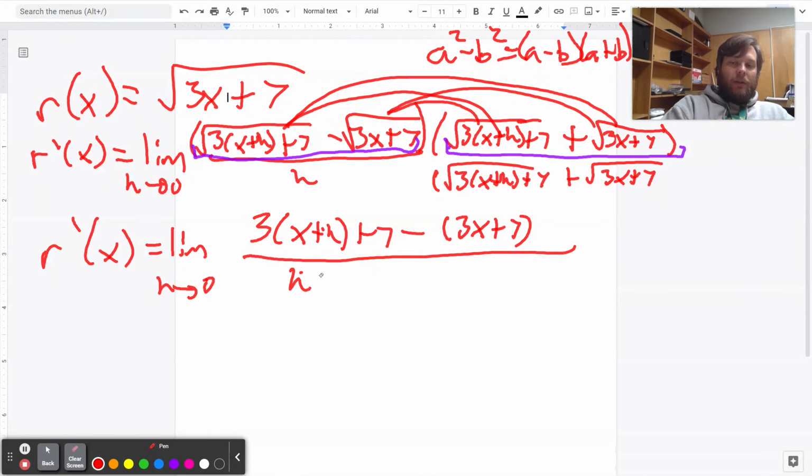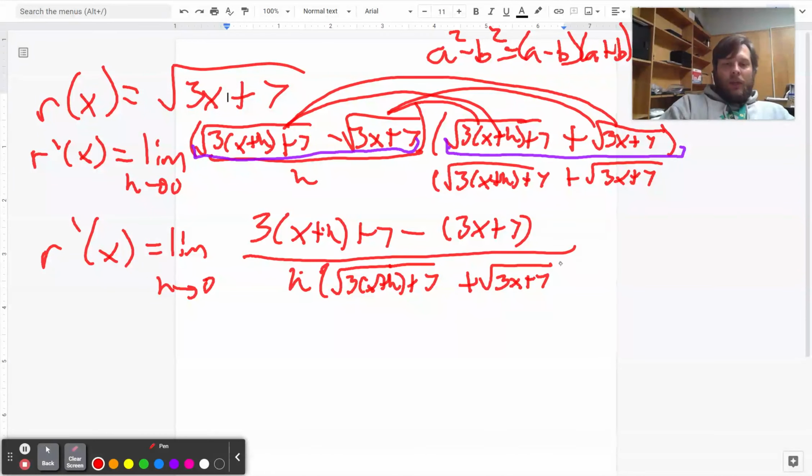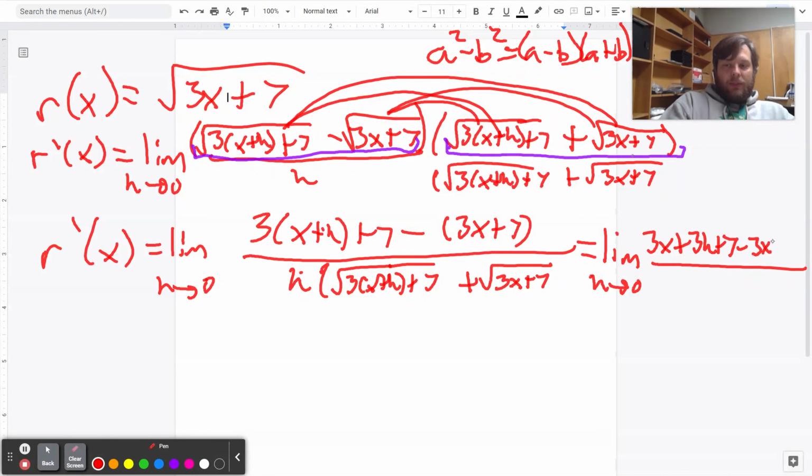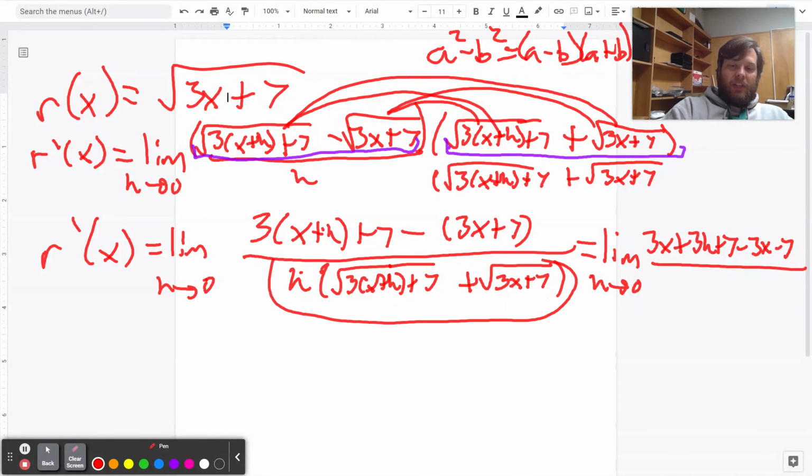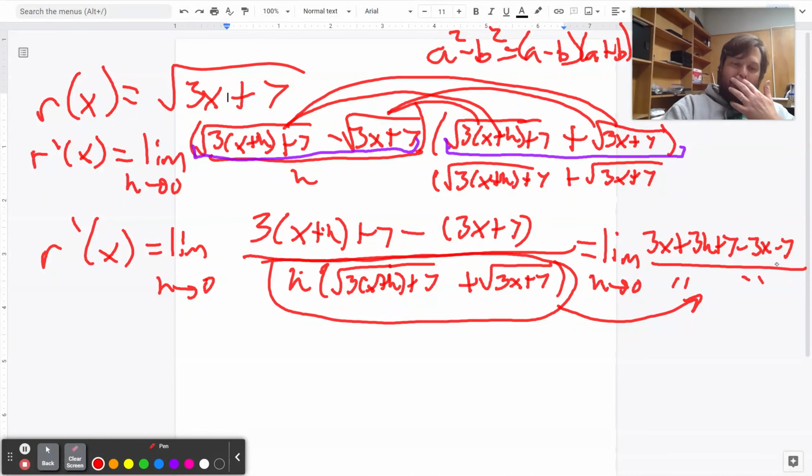And on the denominator, you have all this nasty stuff. If you distribute out on the numerator, you get 3x plus 3h plus 7 minus 3x minus 7. And on the denominator, I'm just going to save myself some writing and say this piece just goes right there.